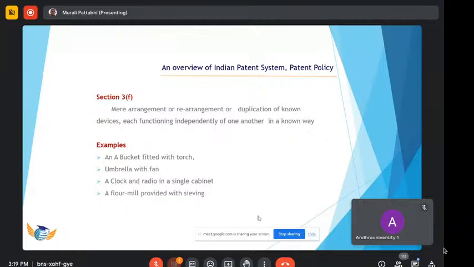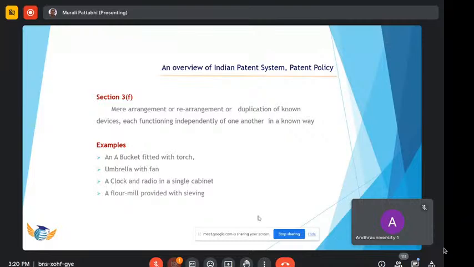But suppose, for example, an umbrella is used for protecting myself from the sun, and if I am suffocating and sweating, and based on that it detects automatically, and my fan switches on based on my requirement, then it might qualify for a patent.